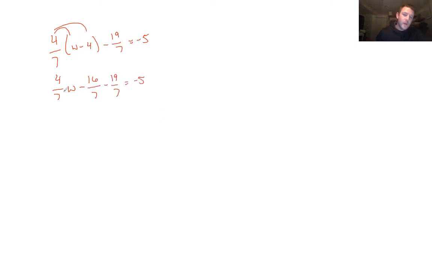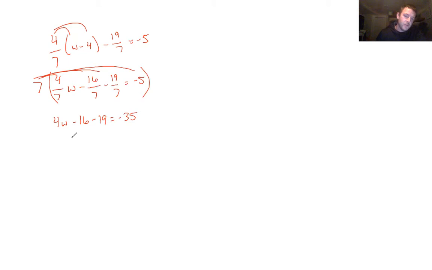Now, if you're like me, I don't like fractions. So I'm going to multiply everything by 7, and I'm going to distribute that to everything. So 7 times 4/7 would just be 4. So that would be 4W minus 16 minus 19 is equal to 7 times -5, which is -35.